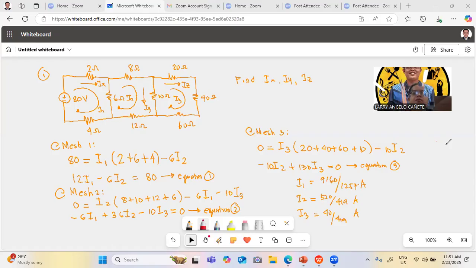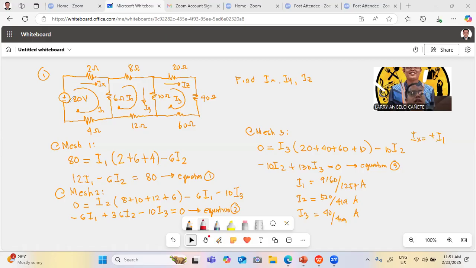So we solve now for the IX, IY, and IZ. So for the IX, the direction is to the right. So the direction of IX is the same with the direction of mesh I1. If it is the same, guys, remember, this is positive I sub 1.